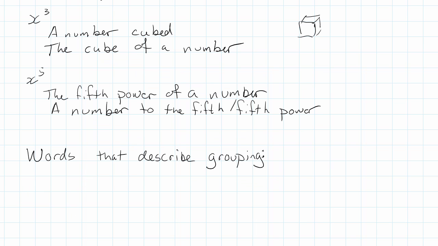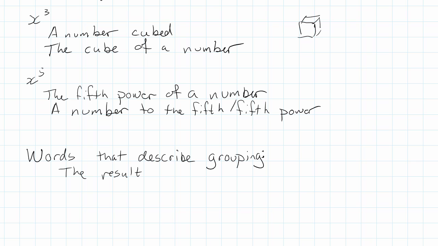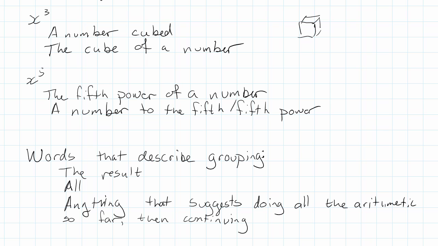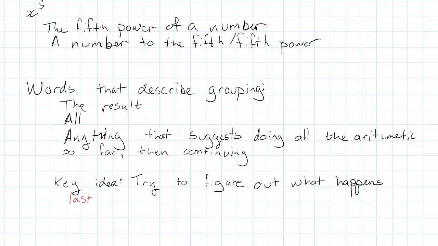The words that we use to describe a group when we're describing expressions is phrasing like saying the result, or sometimes we just say all. In general, anything that suggests doing all the arithmetic so far and then continuing. When you're trying to figure out the order of operations, the key idea is to figure out what happens last.